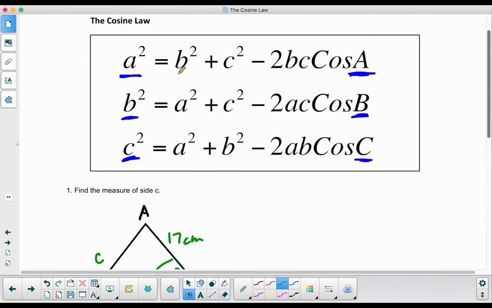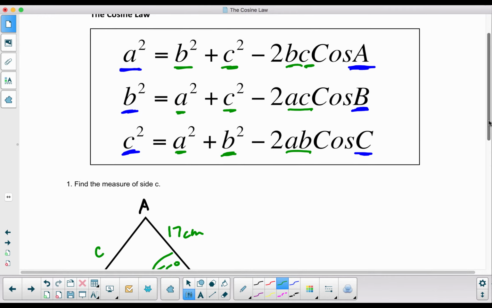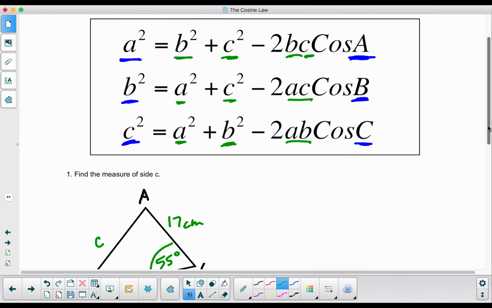And then the other letters that go in are just the other two sides. So b squared plus c squared, and then 2bc, a squared and c squared, and 2ac, and a squared and b squared, and 2ab.